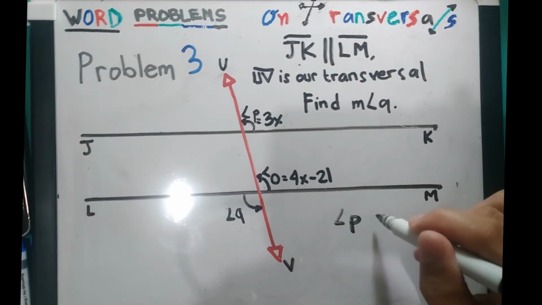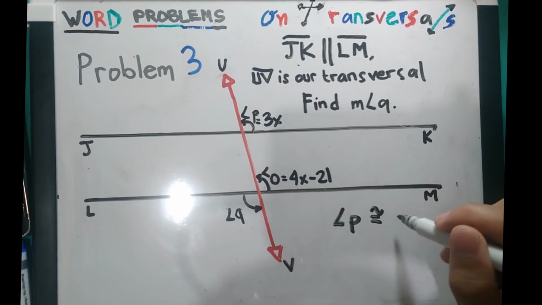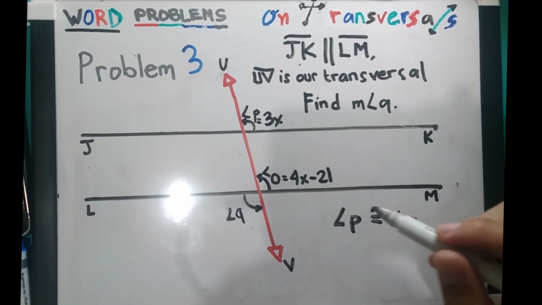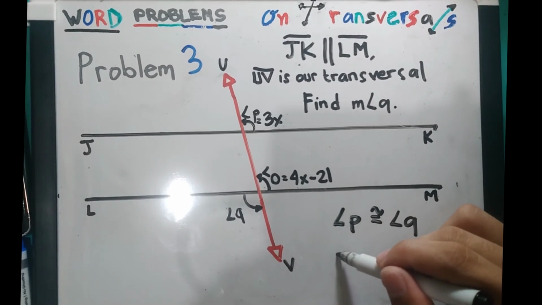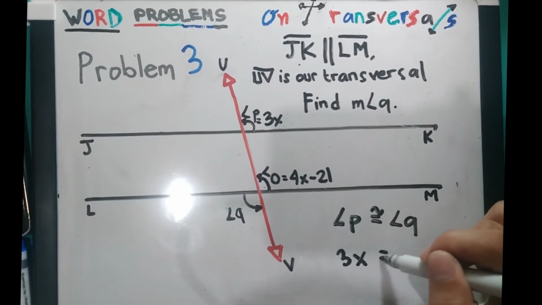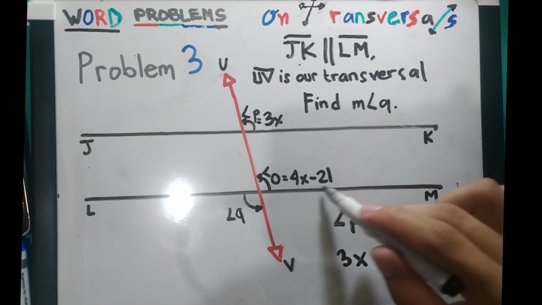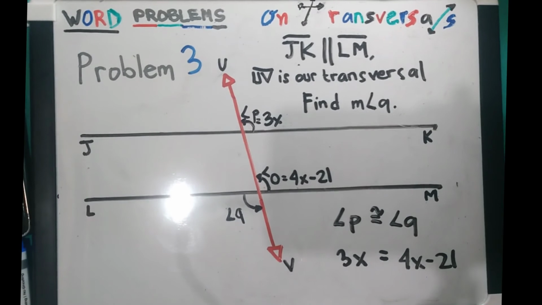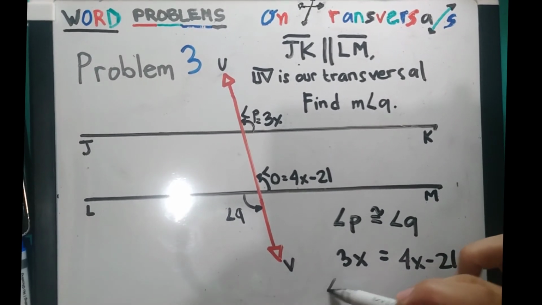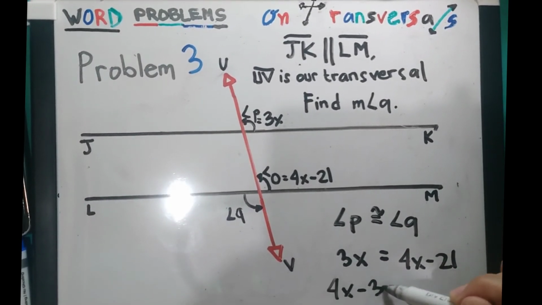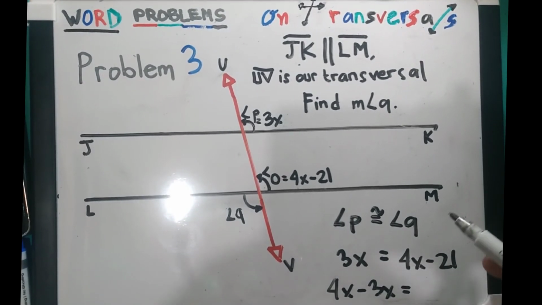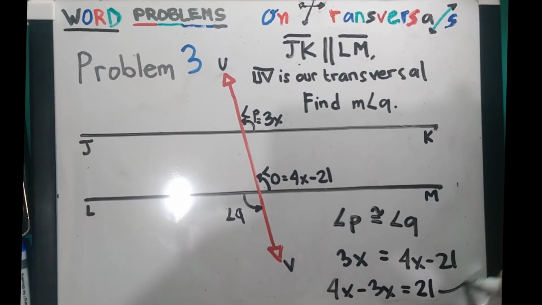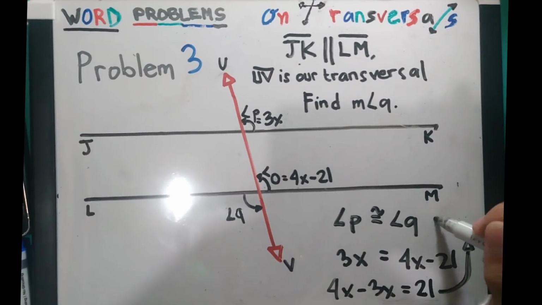Angle P is equal to angle O. Angle P is equal to 3x and angle O is equal to 4x minus 21. We are going to combine like terms. 4x minus 3x is now equal to positive 21. So that would mean that the value of x will be 21.